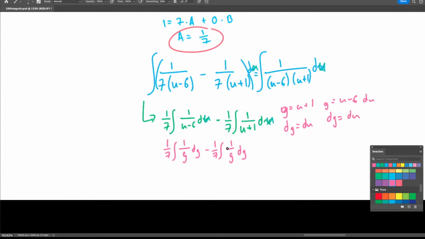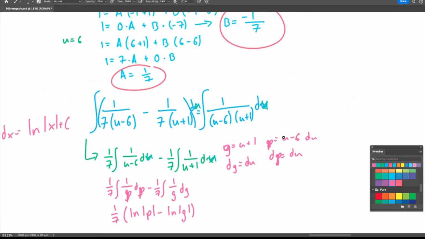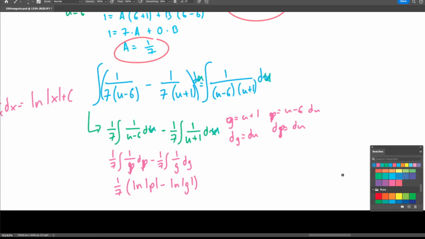Okay. Then the integral of 1 over g dg, or 1 over x dx, equals natural log of x plus c. So we're left with 1 over 7 times natural log of p minus natural log of g. We substitute that back in.